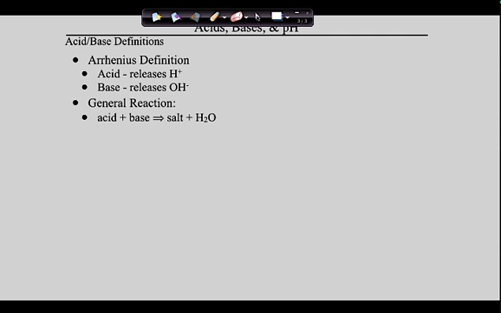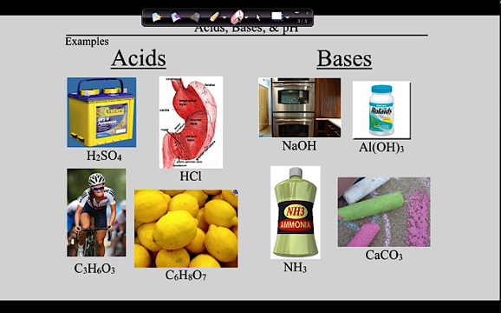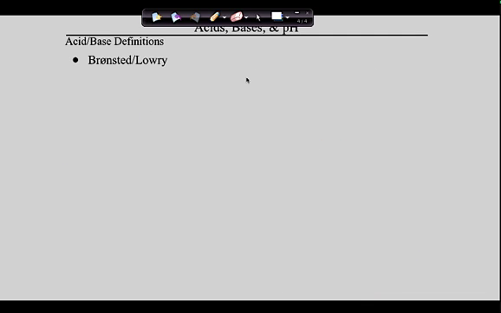But now we run into a problem, and the problem Isabel already pointed out to us. What about these dudes? They don't contain OH. So how can these things be bases if they don't contain OH? Well, it turns out this was a problem that disturbed chemists all through the 1800s, until along came two dudes named Bronsted and Lowry.